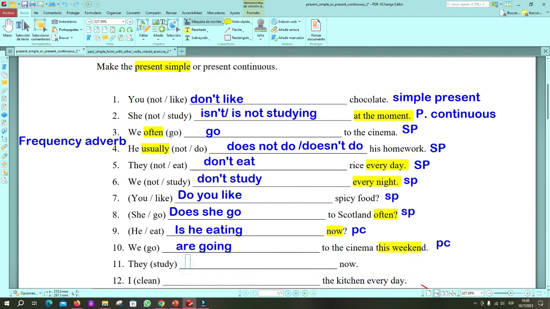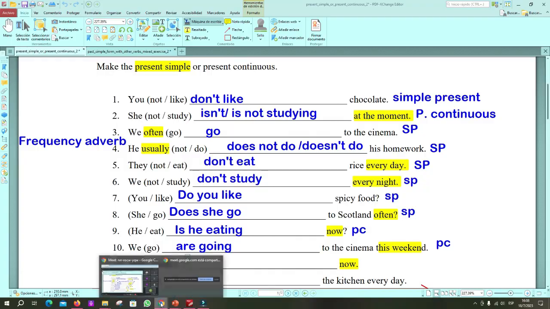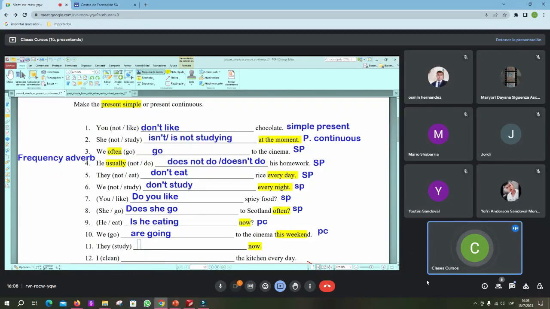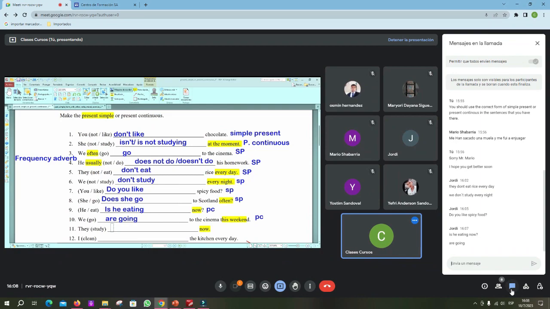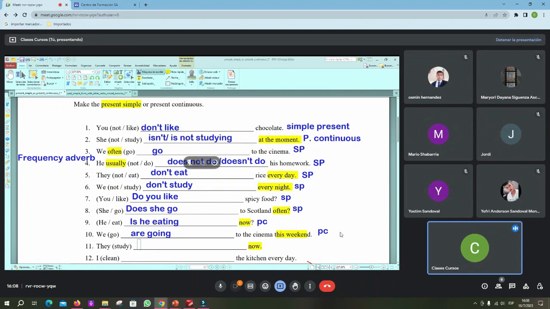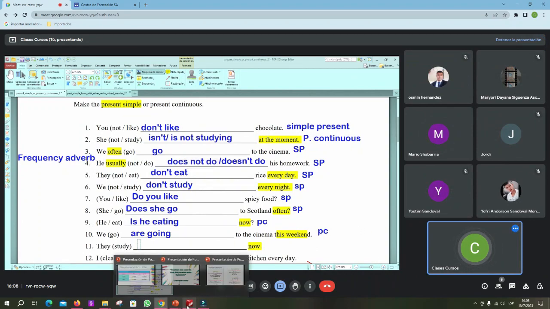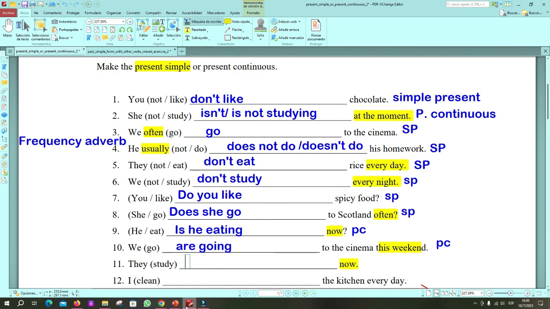Let's see 11. Also, you have there now. So, which could be the answer here? Mr. Mario Chavarria, they study now. Which could be the answer there? Are you there, Mr. Mario? They are, they are what? Studying now. Excellent. Perfect. They are studying now.